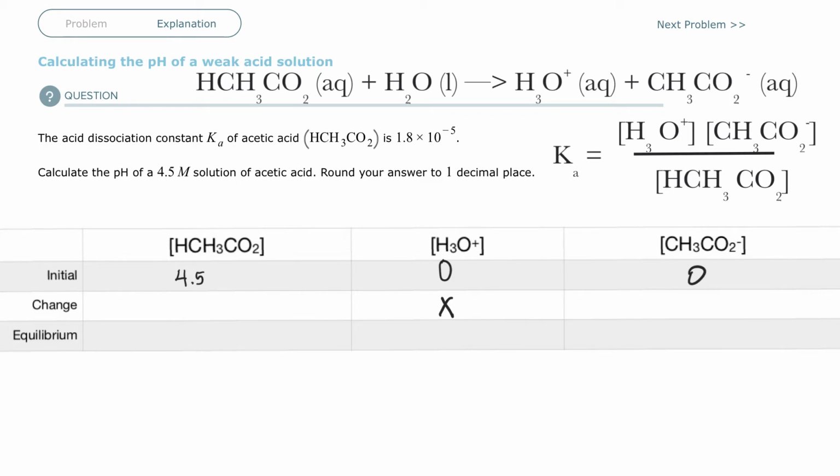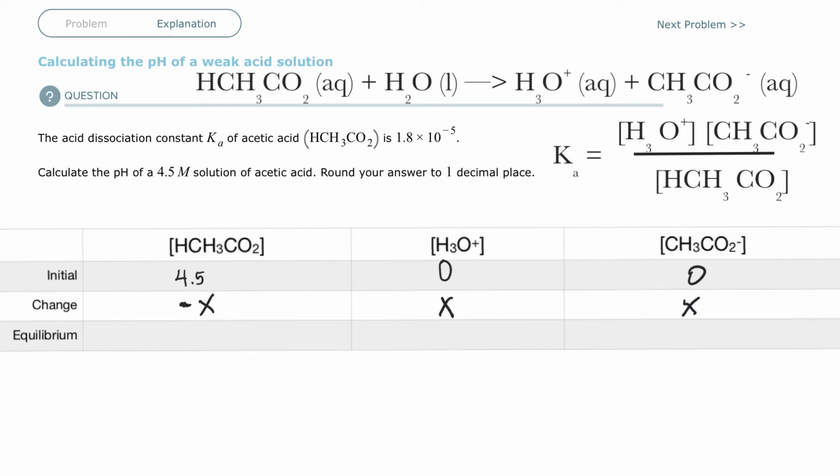Now, remember, this goes back to the balanced equation. So I've got a 1-to-1 relationship here. These are both on the products. So if this is X, then this is also X. But the acetic acid is on the other side, so that has to be negative X. Right?